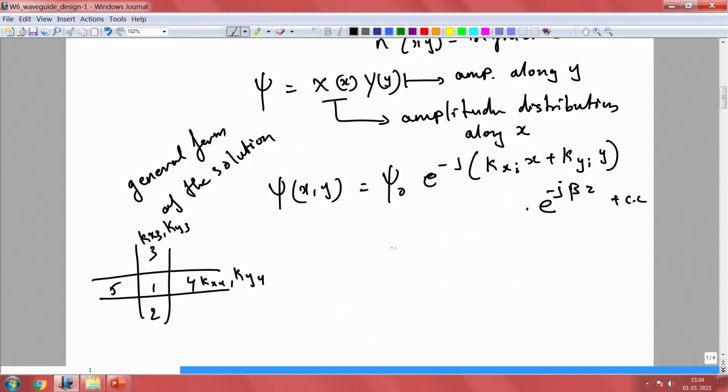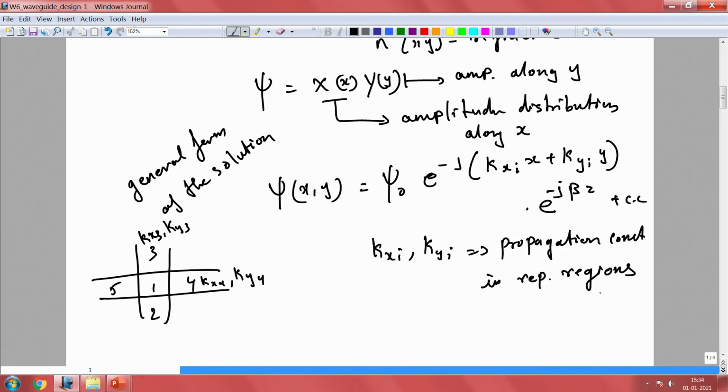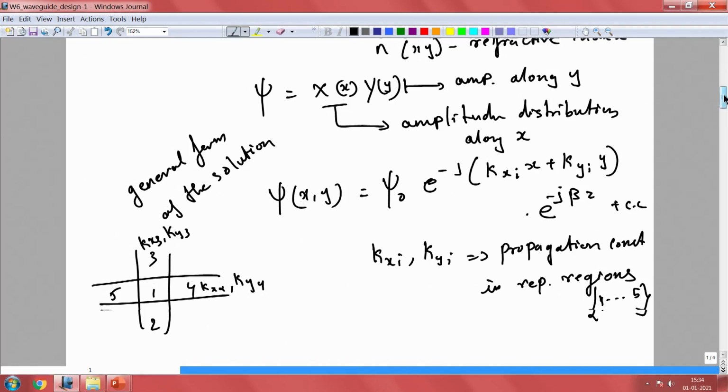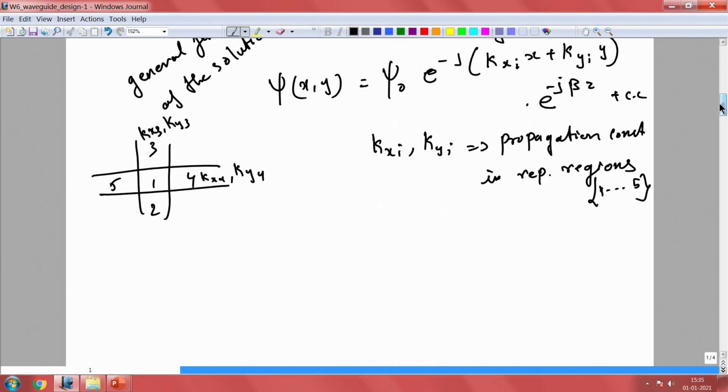So, k x i and k y i are nothing but the propagation constants in the respective regions, right, 1 to 5, right. So, this is something that one can take, all right.